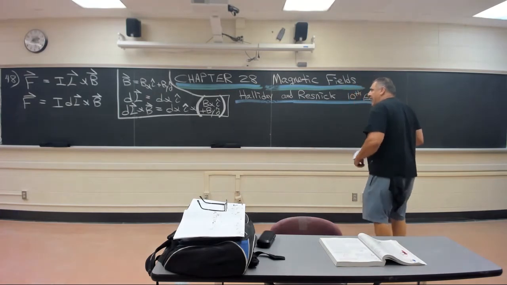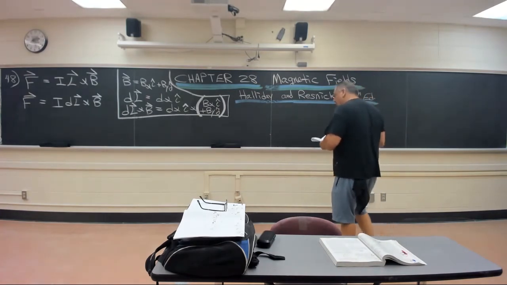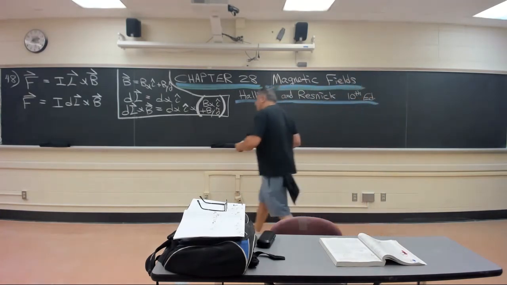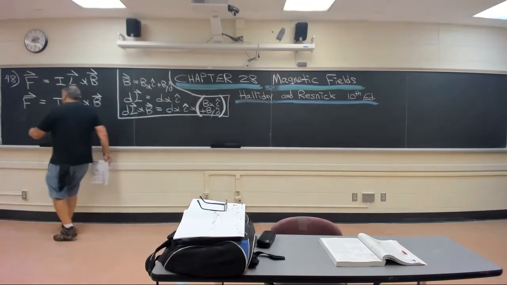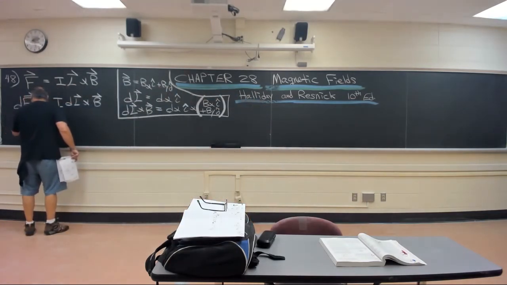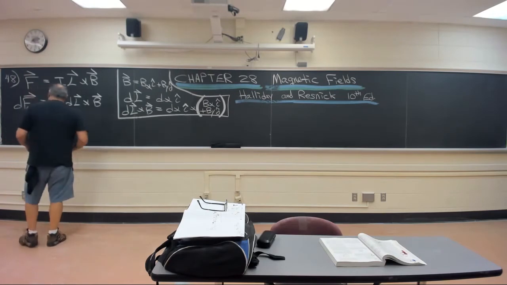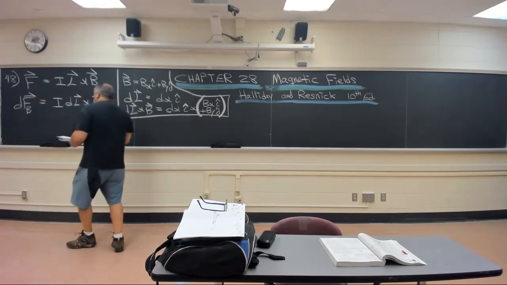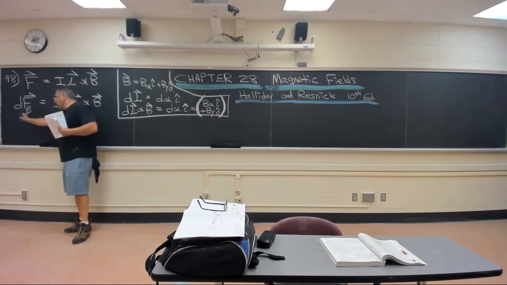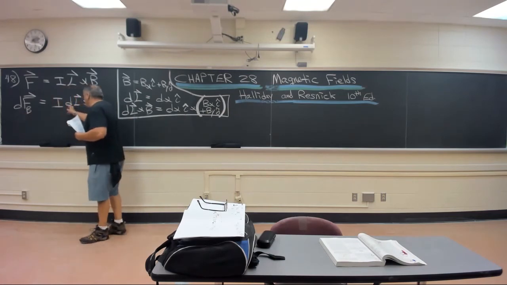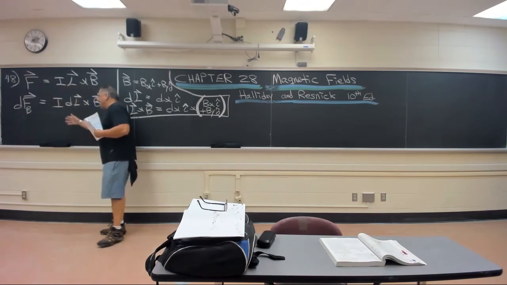If it's looking like that, and that's what we have to do, well, forgive me here, guys, this should have been dFB, the force associated with the B field. It's a differential amount of force because we're talking about differential length as we're evaluating this.